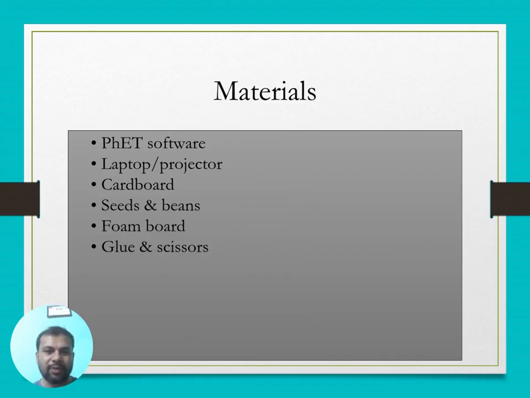For the physical models, students used cardboard, peas, rice grains, beans, maize, foam boards for the small mini atomic structure board, scissors, and marker pens.